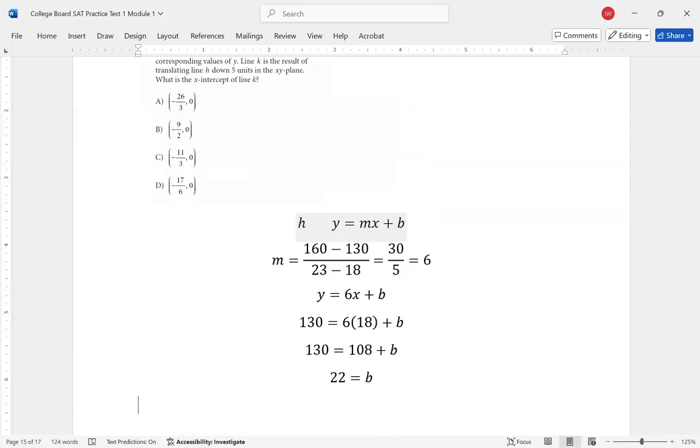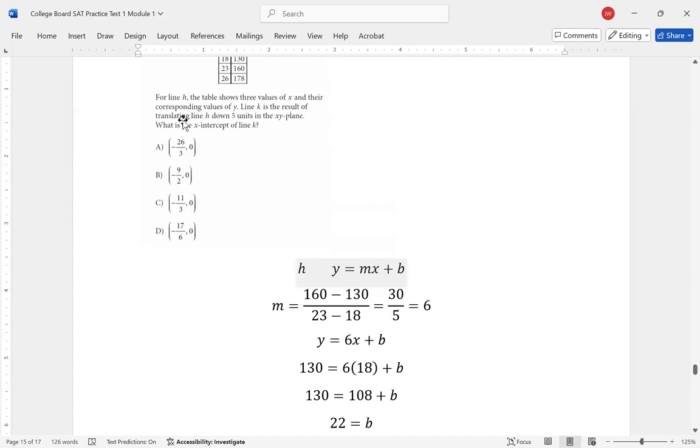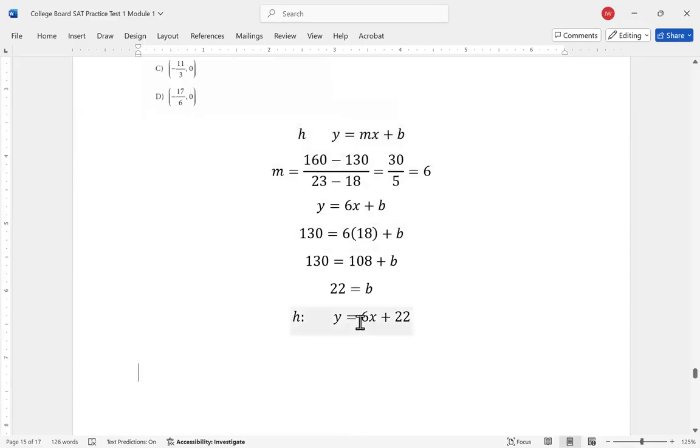And so line H is the line y equals 6x plus 22. Now line K is the result of translating line H down 5 units. If you translate down 5 units, you can either subtract 5 on the right-hand side so that the corresponding y value goes down by 5, or add 5 to the left-hand side.